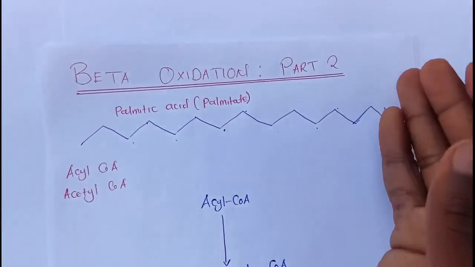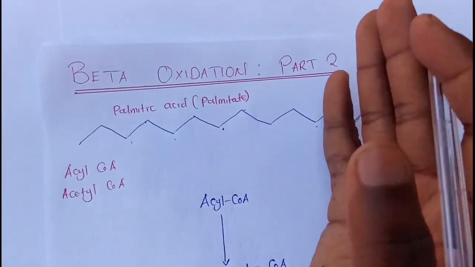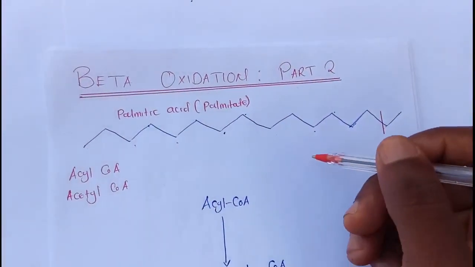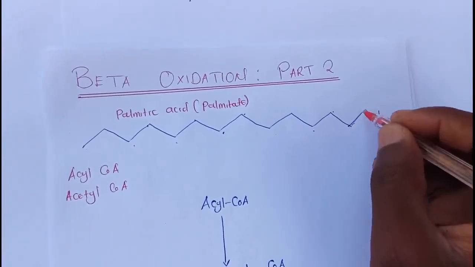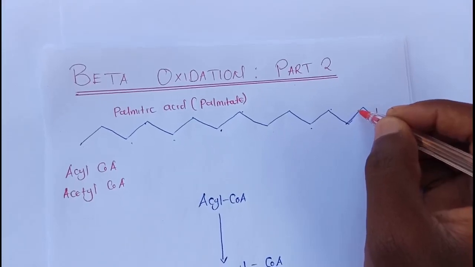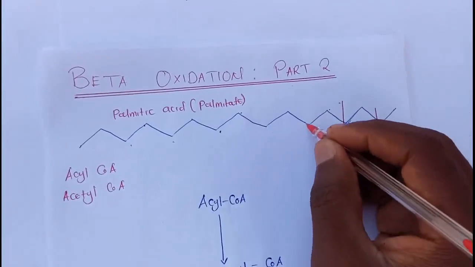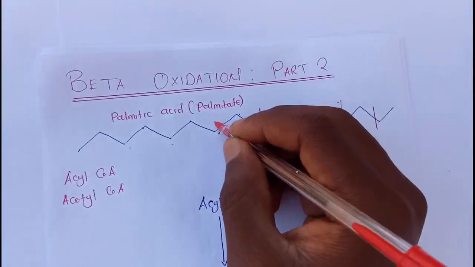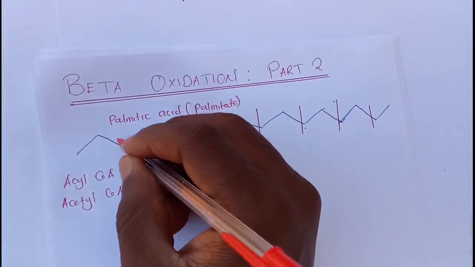Then the two-carbon shorter chain of this fatty acid goes back through the cycle, and when it reaches the 4th step again, another acetyl CoA is cleaved off. It goes into the cycle, reaches the 4th step, is cleaved, and so on, again and again.